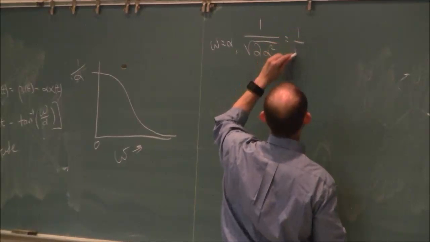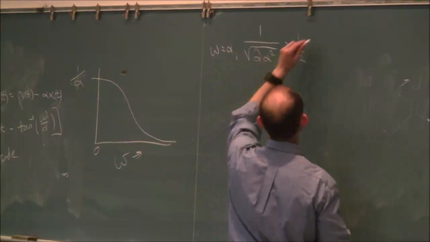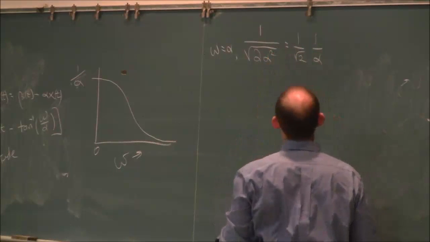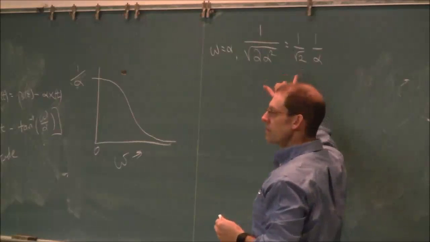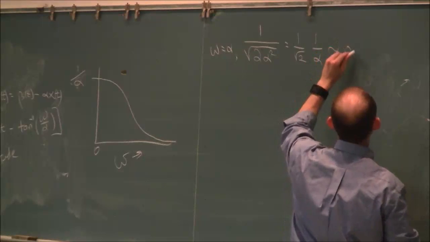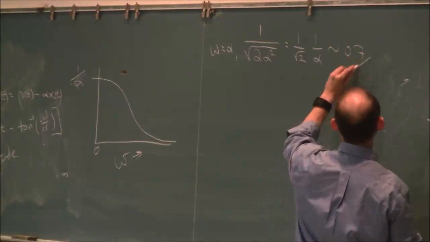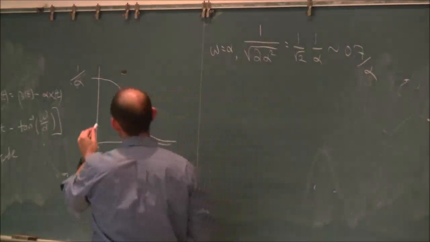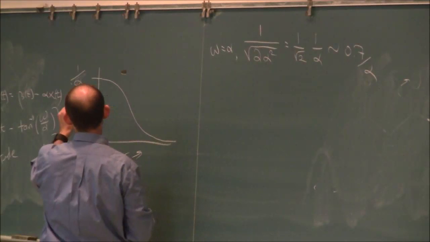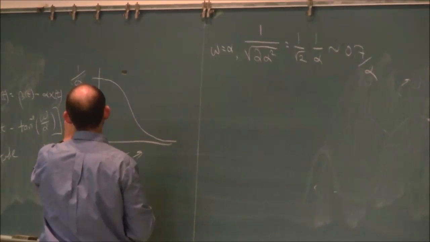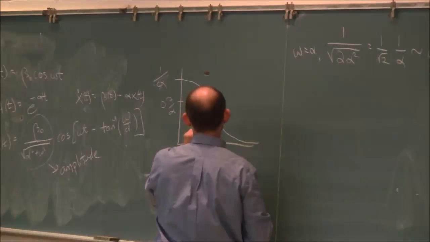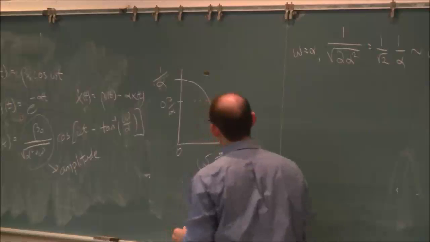So that is 1 over the square root of 2 times 1 over alpha. That 1 over square root of 2 is about 0.7 divided by alpha. So when we are about 70%, we could read across and then figure out what alpha is.